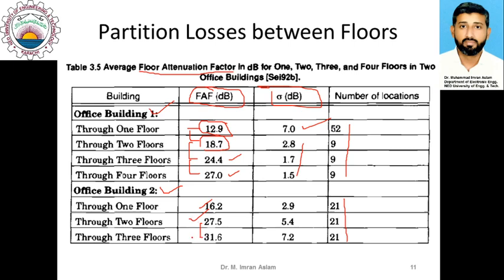So you have an additional attenuation of only, with a total floor attenuation factor of 31.6 dB. So this is how you represent the floor attenuation factors in order to see how much attenuation you would get when the signal propagates through a floor.